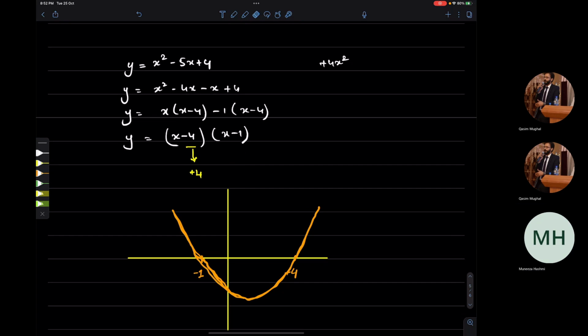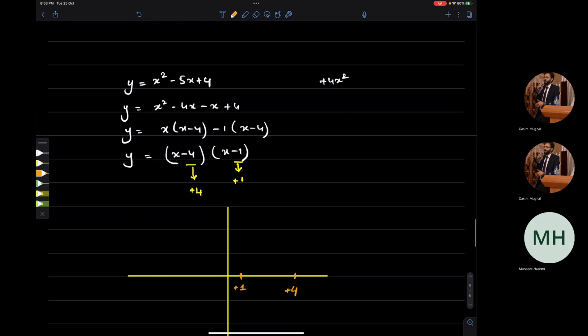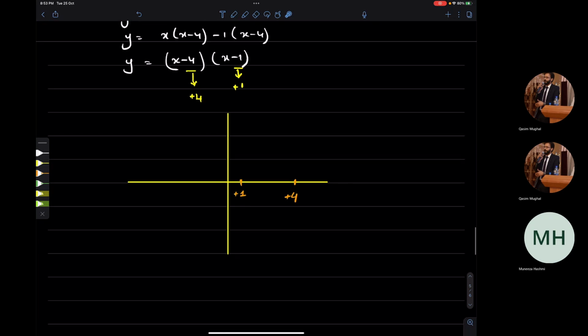I forgot to change the sign. Positive one is going to be over here. I would like to share how I learned that I did something wrong. The y-intercept is +4, and in the graph which I drew earlier, the y-intercept was coming negative. So that's how I realized that I made a mistake.